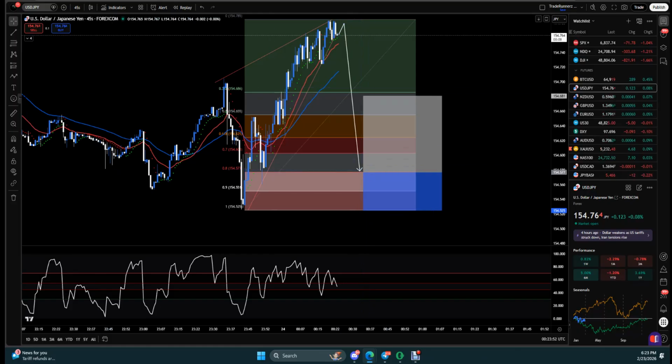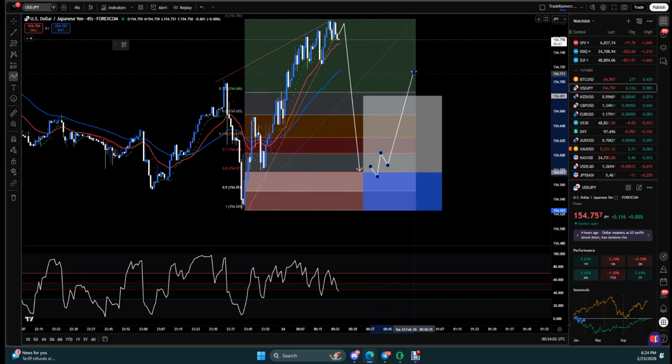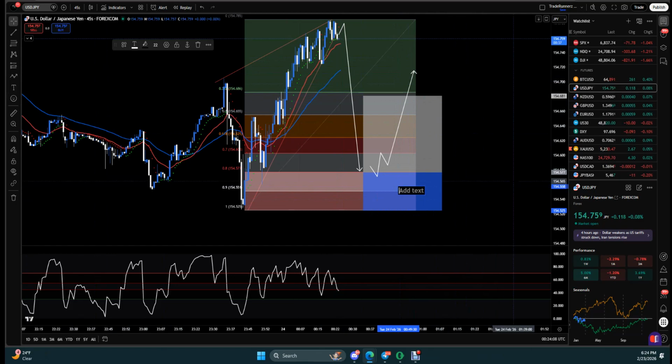And our hopes are for the trade to continue to turn around and go up in our favor like that. That's our hopes for a buy limit. That's how you do a buy limit.